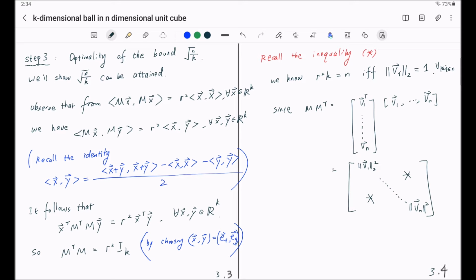So this is also equivalent to the diagonal of M M transpose being all ones.